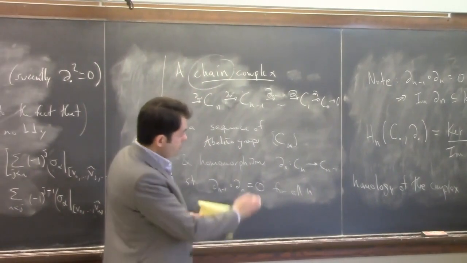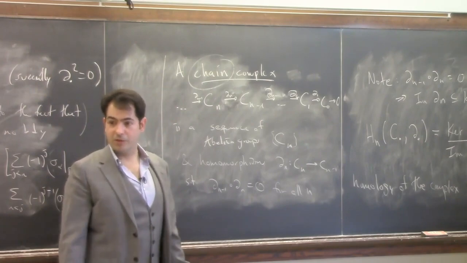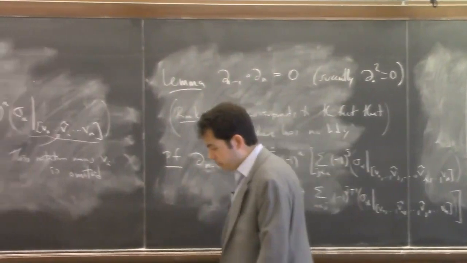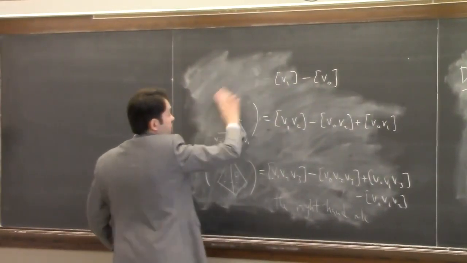Okay, so this is a situation we like a lot. So we give everything its own name. And what we've shown over here is that whenever you have a delta complex, you get a chain complex.